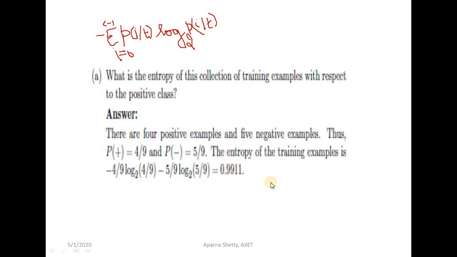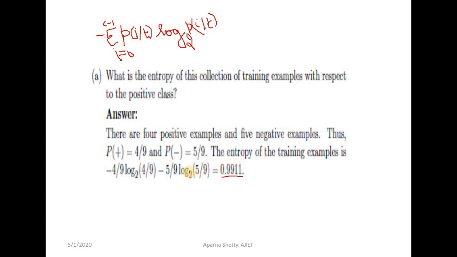Hence the overall entropy for this training example is given by minus 4 by 9 log to the base 2 of 4 by 9 minus 5 divided by 9 log to the base 2 of 5 divided by 9, which will give you the answer 0.9911. This is the overall entropy of the given data set.